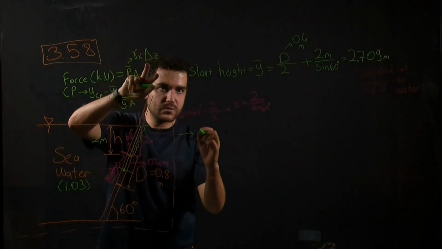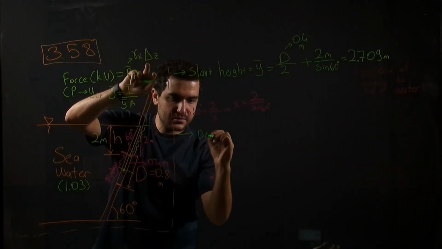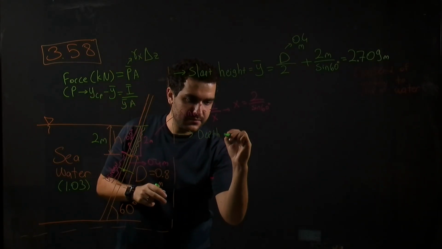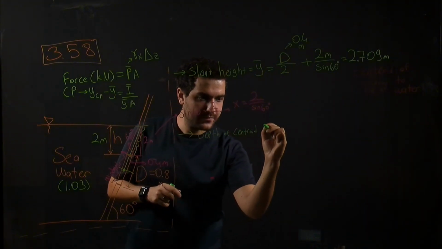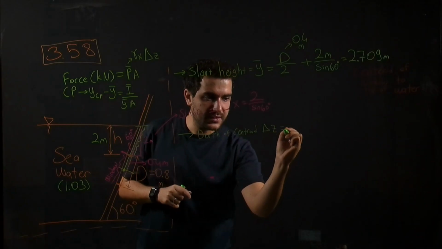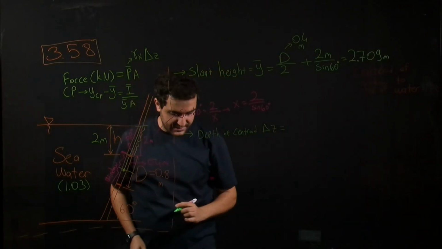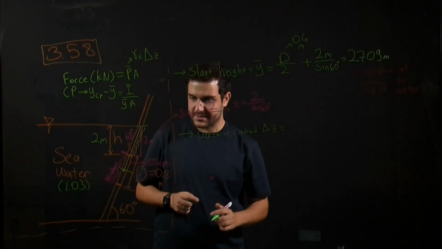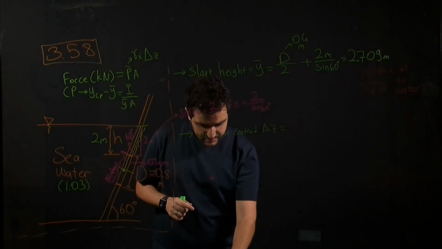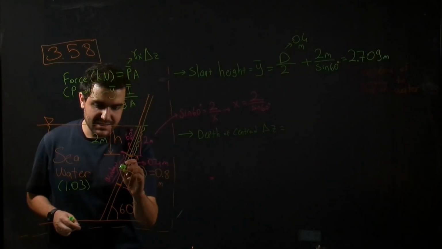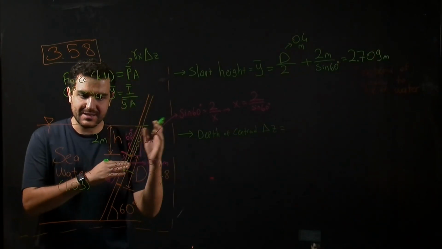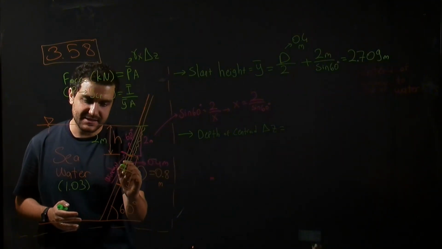So we can use this equation. Let's say delta z. So this time we will get depth. This is not height, this is depth of centroid.